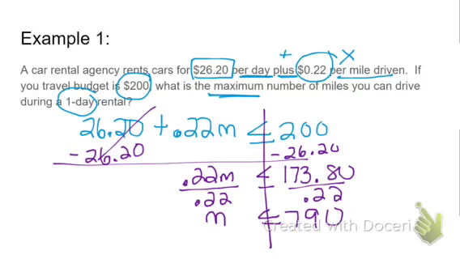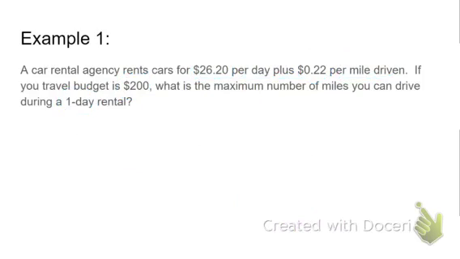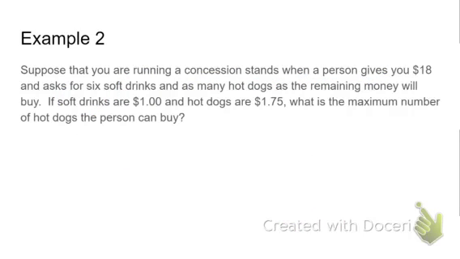Let's take a look at example number 2. Suppose that you are running a concession stand when a person gives you $18 and asks for 6 soft drinks and as many hot dogs as the remaining money will buy. If soft drinks are $1 and hot dogs are $1.75, what is the maximum number of hot dogs the person can buy?